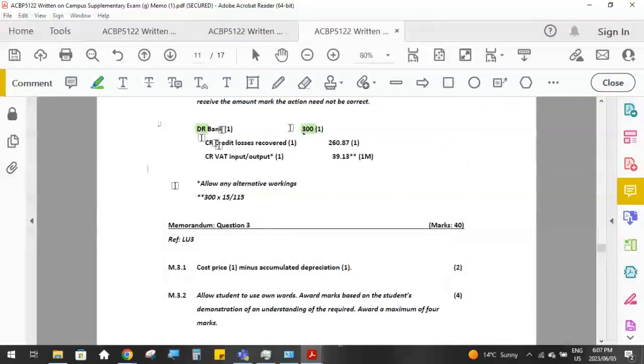We then have to credit an income account because that 300 Rand is now going to go to other income. And that income account is called credit losses recovered. But because that 300 Rand includes VAT, we are only allowed to claim as our own income the excluding VAT amount of that 300 Rand.